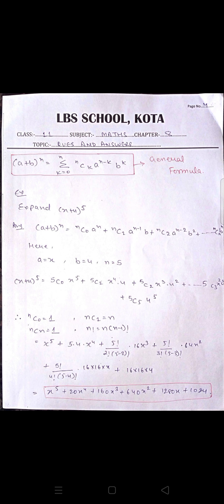So on solving the above equation, we get the final answer as x to the power 5 plus 20x to the power 4 plus 160x cubed plus 640x squared plus 1280x plus 1024. So with the help of the binomial theorem, we have solved the above question.